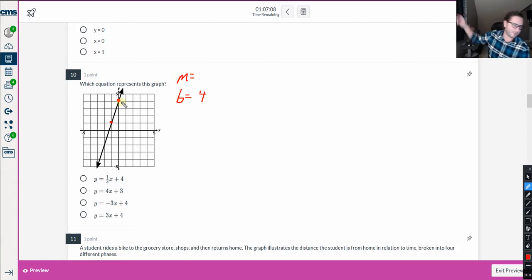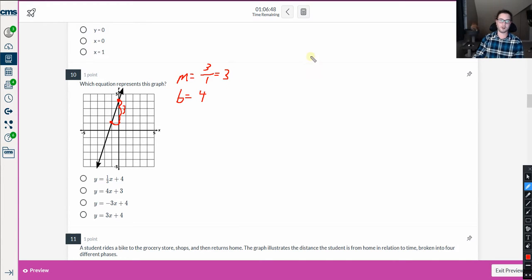So for number 10, our slope is going to be rise over run. So let's see, it looks like we increased by 3. So that's going to be my rise. And it looks like we moved over by only 1. So 3 over 1, which gives me my slope of just 3.